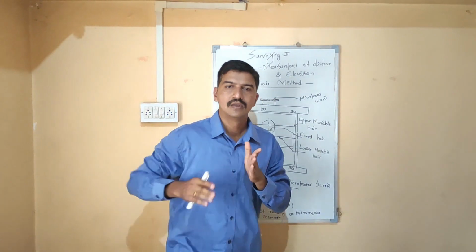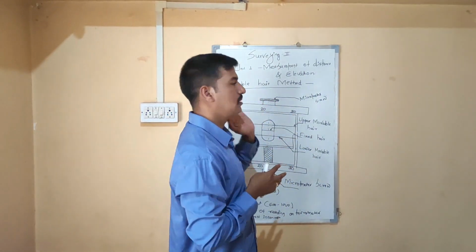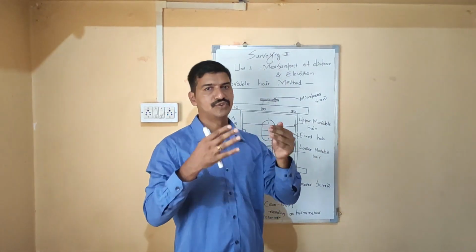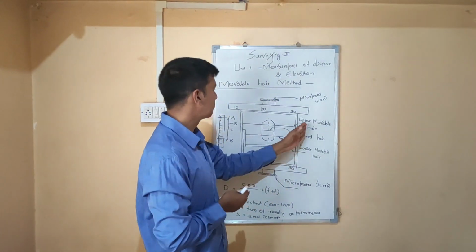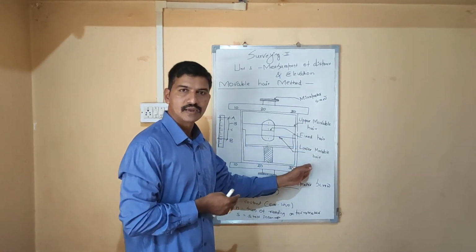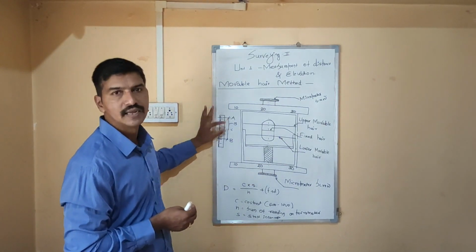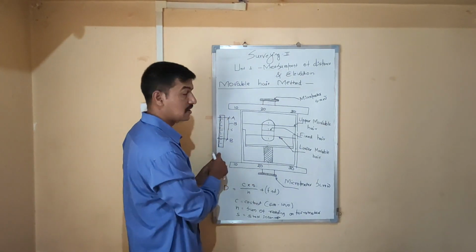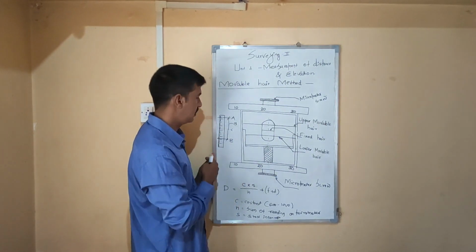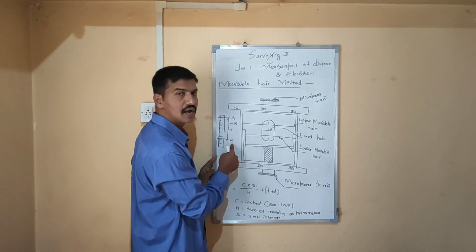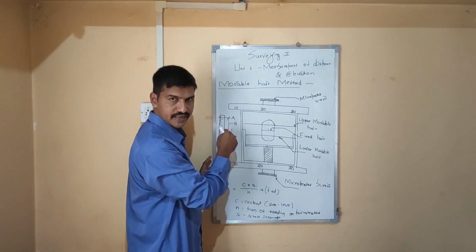I hope that you have clearly differentiated between the movable hair method and the fixed hair method. Movable hair method means we can move the upper and lower movable hairs to bisect the top target and bottom target. This is the specially manufactured staff for this method, where A and B are the top target and bottom target, and C is your central target.